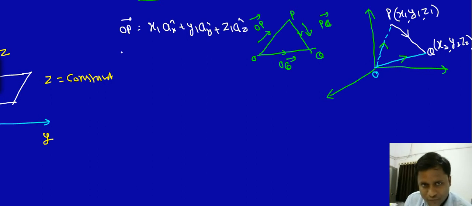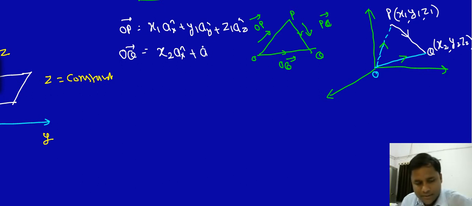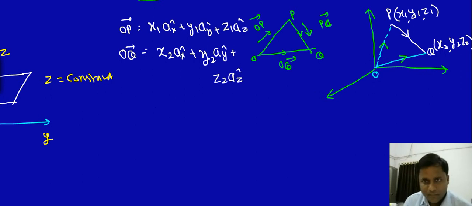If I write the equation for the OQ vector, it should be x2 ax cap plus y2 ay cap plus z2 az cap.